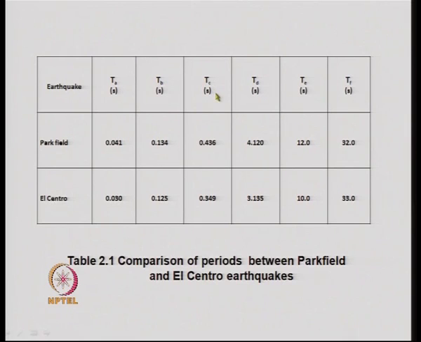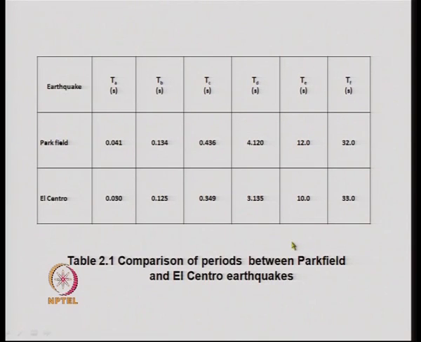For TC it was 0.436, and 0.349 for El Centro, and 4.12 was TD for Parkfield, and for El Centro it was 3.135. TE and TF were more or less the same for the two earthquakes, especially TF.